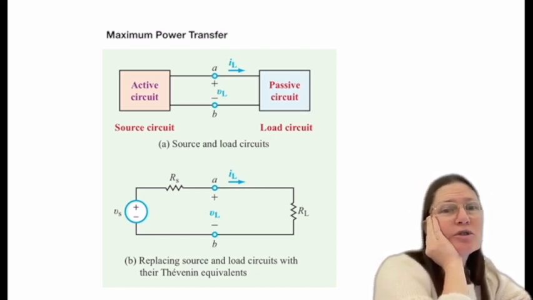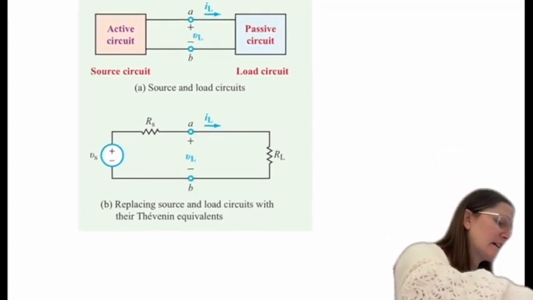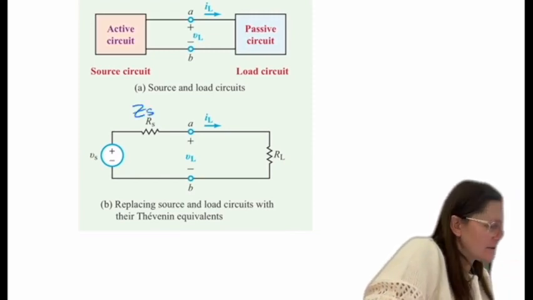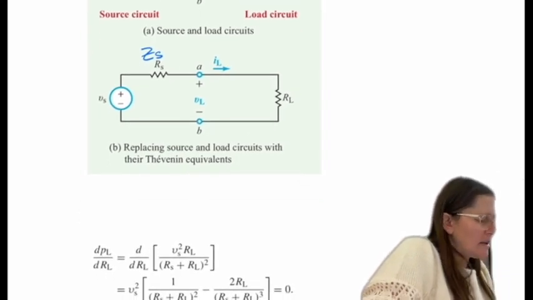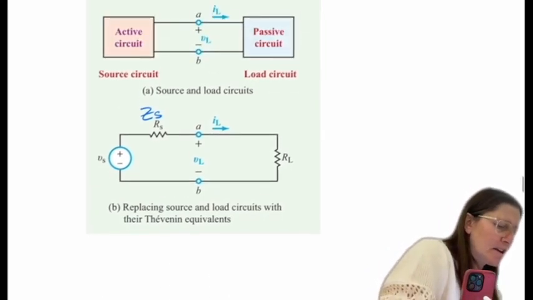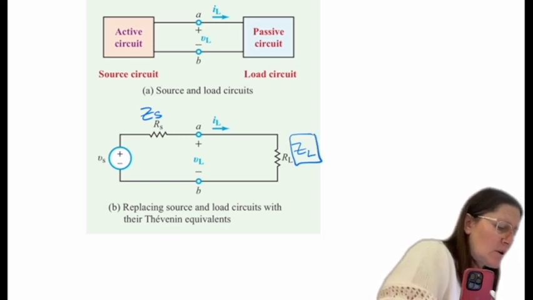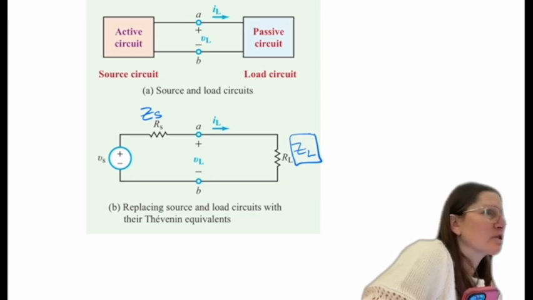So the R_S could actually be a Z_S, meaning that it has complex components in it. And so we want to know, when we put on a load circuit, what is going to get us the maximum power transfer from that circuit to the load?